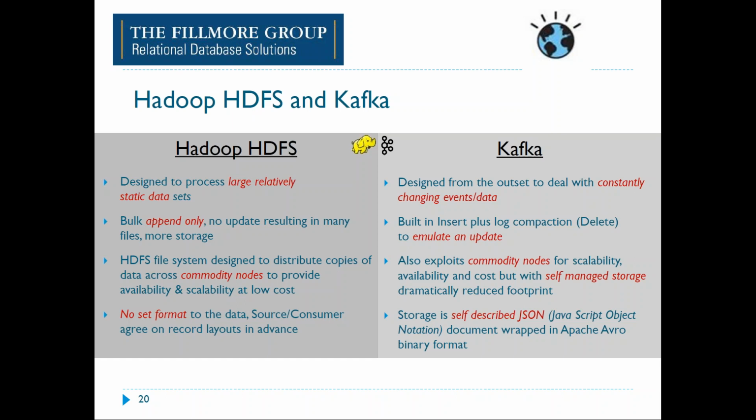Now, one of the biggest differences, and this is why I believe I see more and more customers starting to look at Kafka as their target, or now using Kafka as their target, is the notion of the data format, especially if that data format has the potential to change.